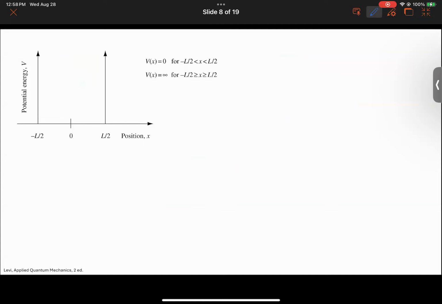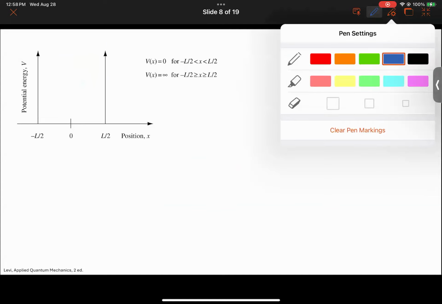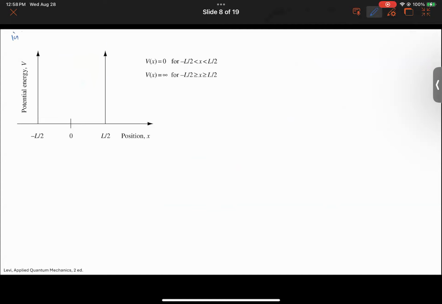So here, we have an infinite potential. What this means is that this potential is infinite for anything greater than L over 2.